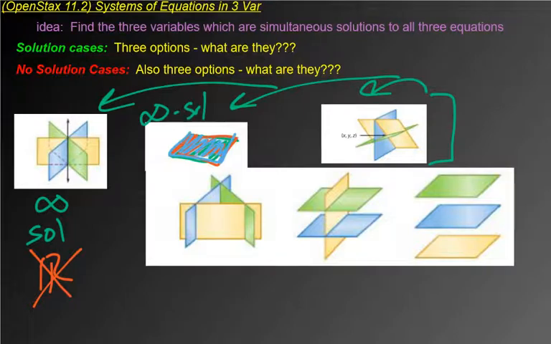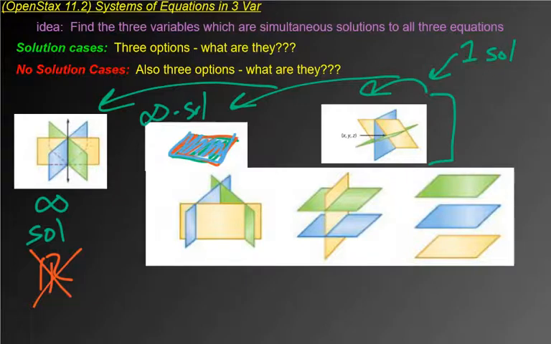Any point in the plane would be a solution. And then this is your standard case. This is just one solution. It's trying to show you that all of the planes are tilted just so that you get one point of intersection right there.